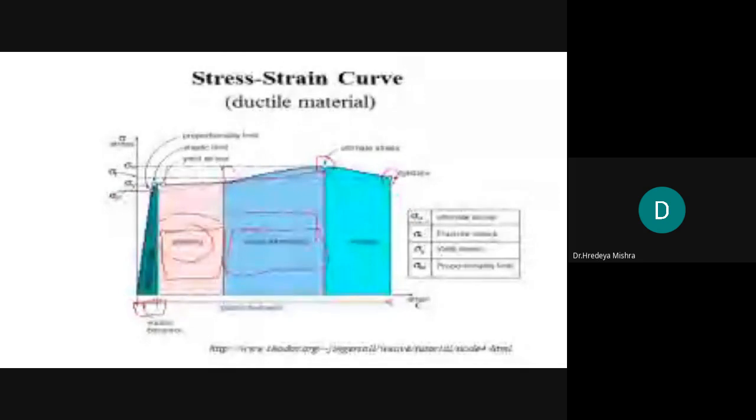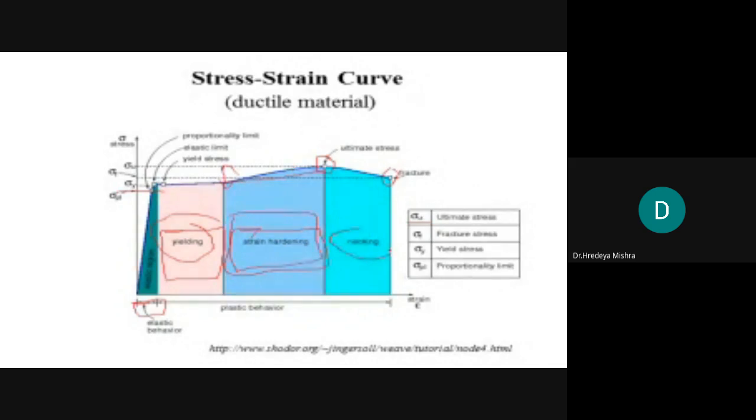Here, purely plastic deformation is there, meaning there is no elastic deformation. Whatever the deformation of the component, it is permanently fixed. After removing the load, it does not get the original shape back or any recovery of shape.